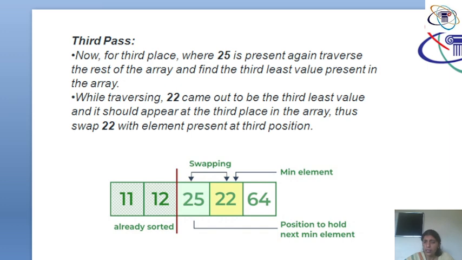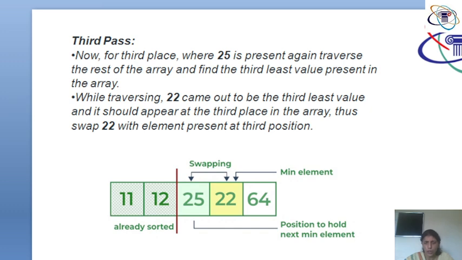Now again at the third position we have 25, but the third minimum value is 22, sorry, and then we will swap 22 with 25, and no need to traverse the already sorted list, that is 11 and 12. We have to traverse only the unsorted list.